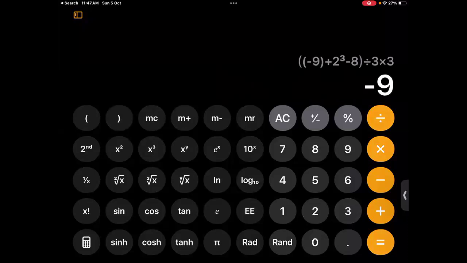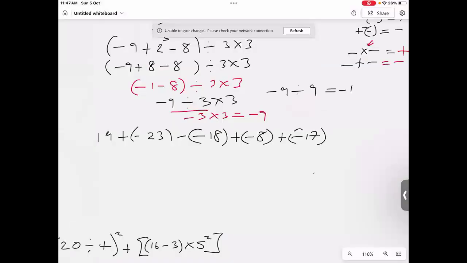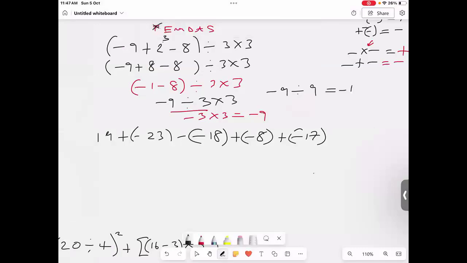So as I was hinting to you earlier, this is the temptation that many of you make. When you are working these math problems, you tend to try to work more than one thing at the same time, and then you get the incorrect answer because you are not working the question step by step.